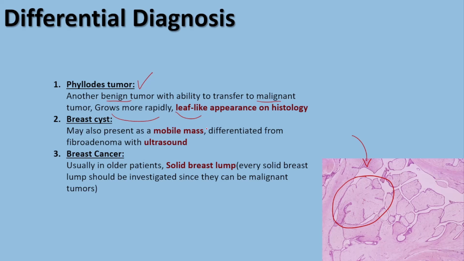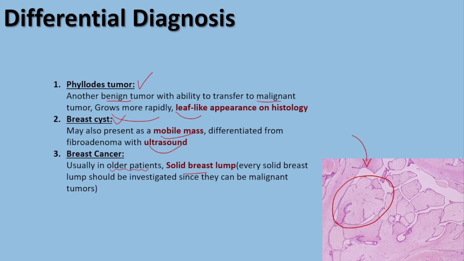Another differential for fibroadenoma is a breast cyst, which can also appear as a mobile mass and can be differentiated from fibroadenoma by the ultrasound. In the ultrasound, you are going to see a cyst that is filled with fluid. So breast cancer is another differential for fibroadenoma, but note that these cancers are actually happening in older patients, and the lumps created by breast cancer, first of all, are solid, a little bit larger, and they are mobile, and they can be malignant.